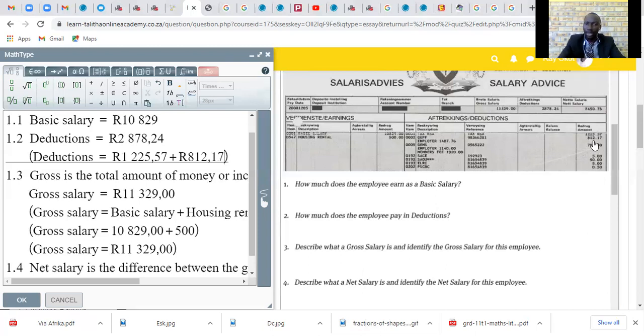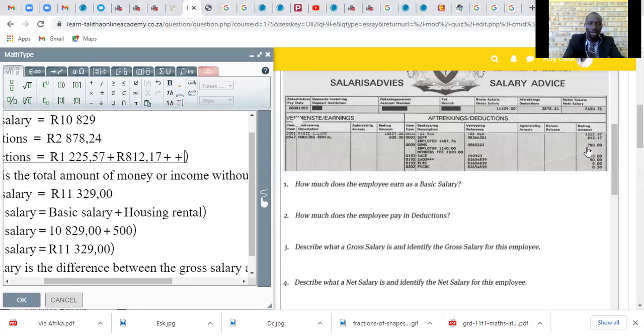Well, onto that, we would have to add this amount here, which is described simply as employees' GEMS. That is medical aid. So this is 780. So we would have to add onto that 780.